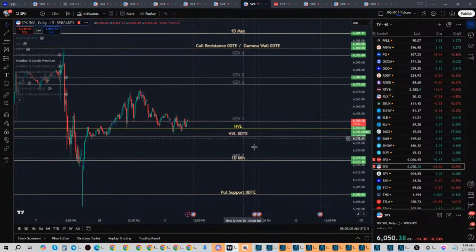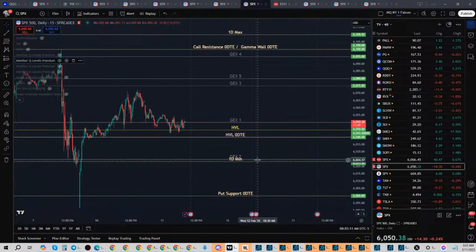Looking at the roadmap for today, that's what I like to call it, there are two pairs, and we'll consider 60-50 the inflection point. We have the 60-50 HVL here and the 0 DTE level here. The first if-then is whether we're over or under each of these levels.